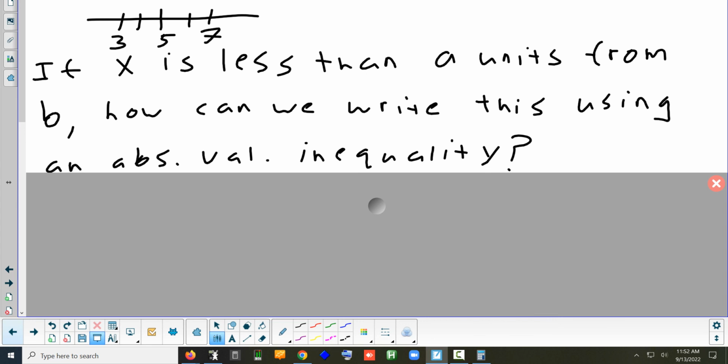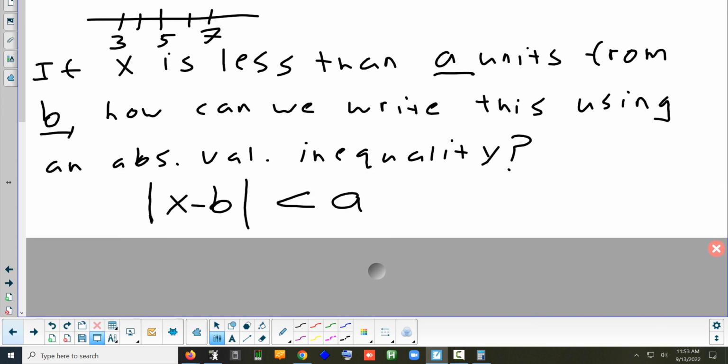So in general, what if I said within A units from the number B? That's your formula.